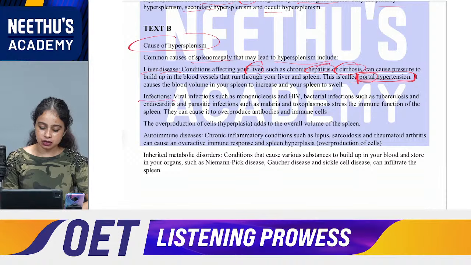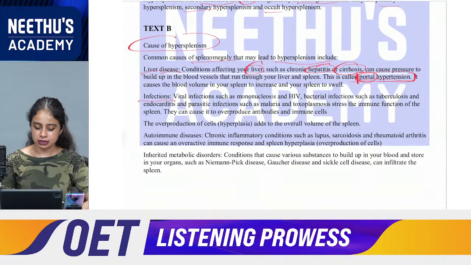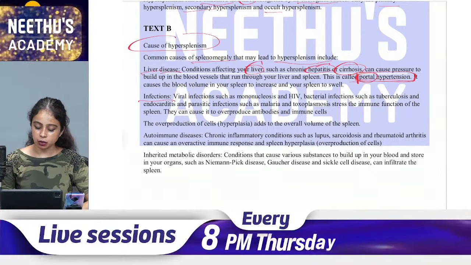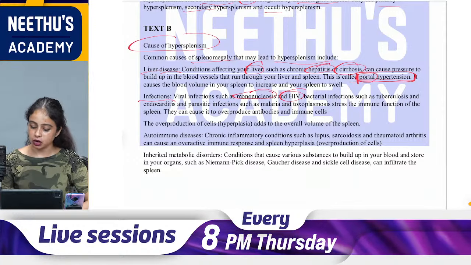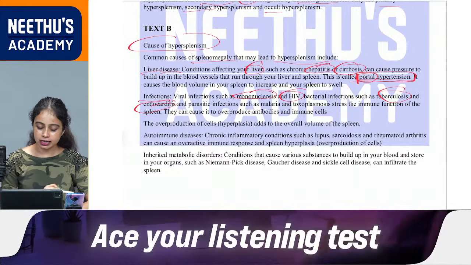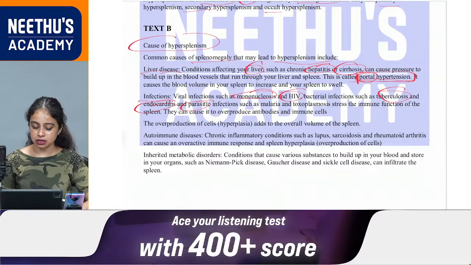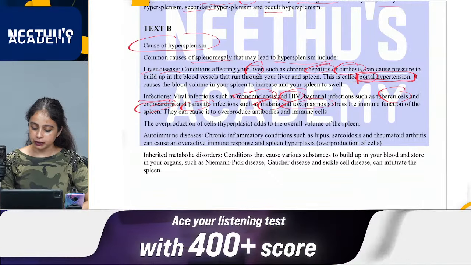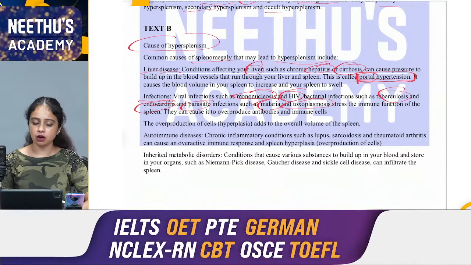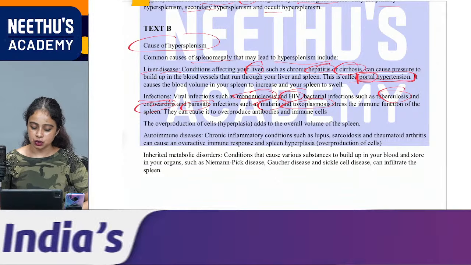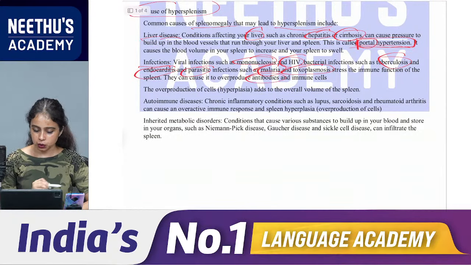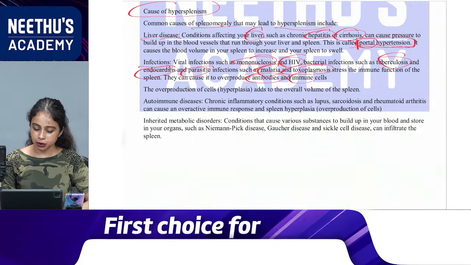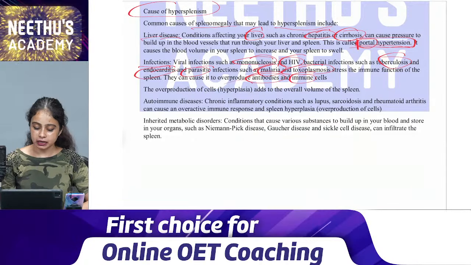Then infections, okay, all the sub points. Viral infections such as mononucleosis and HIV, bacterial infections such as tuberculosis and endocarditis, and parasitic infections such as malaria, toxoplasmosis stress the immune function of the spleen. They can cause it to overproduce antibodies and immune cells. I'm just marking the word antibodies also, as well as immune. Then overproduction of hyperplasia.